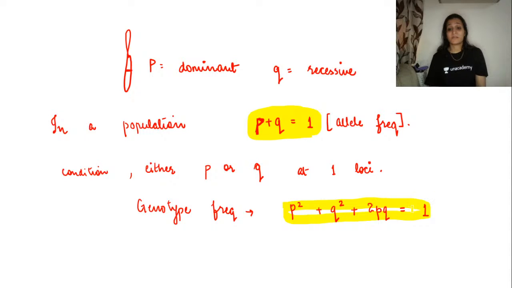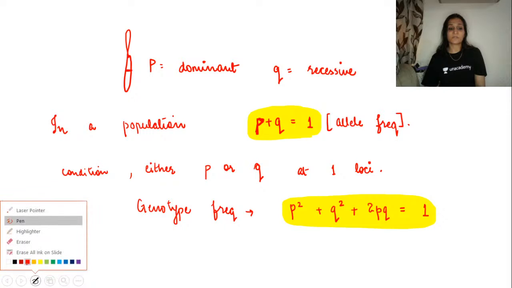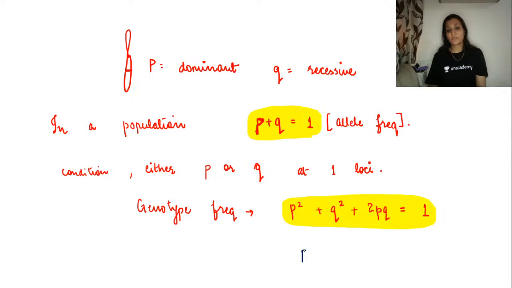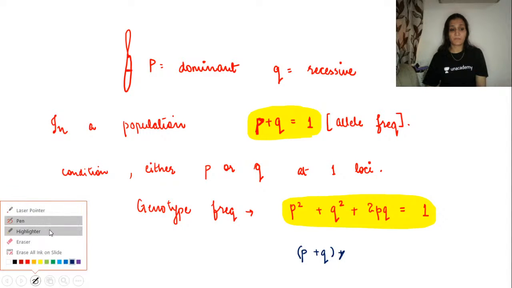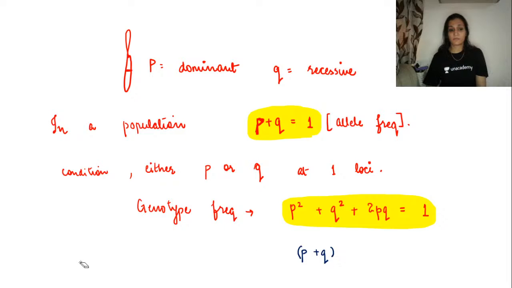So this is it. Are you seeing how simple it is? And you know this: p square plus 2pq plus q square is equal to 1. Where have we got this from? Just for your information, I will explain where this comes from. It comes from p plus q, sorry, there should be a multiplication: p plus q into p plus q equal to 1 into 1.